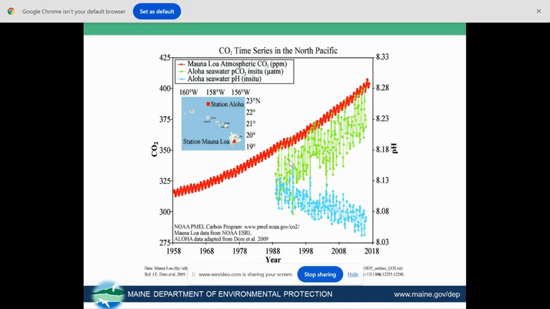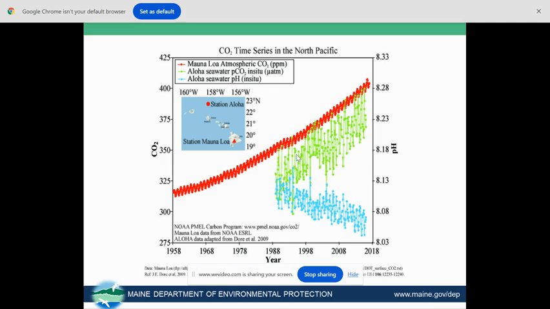Now, the seawater carbon dioxide goes up and down more drastically than the atmosphere, but you can see the trend is definitely up, to where maybe it was down at 325 to 350, and now the range is between 350 and 400. This is parts per million in the ocean, right?